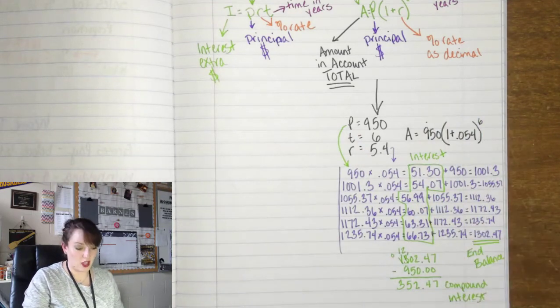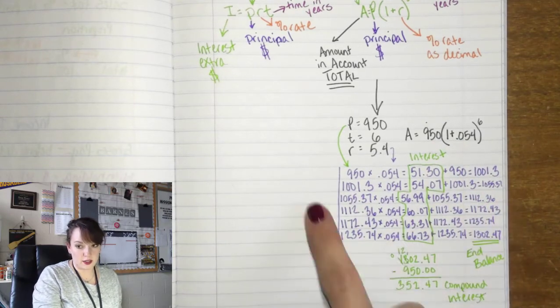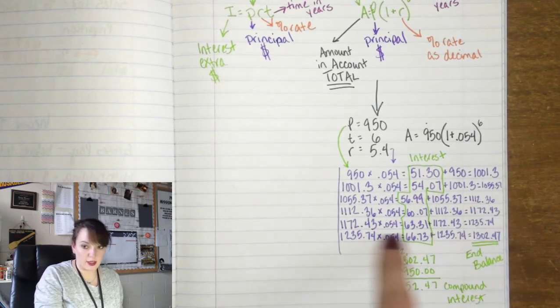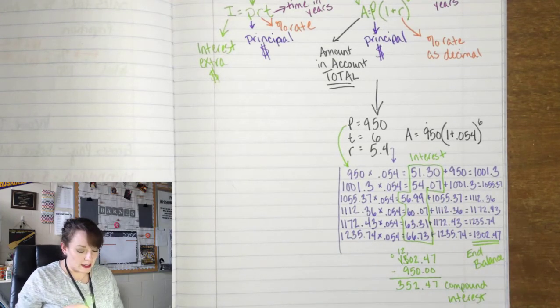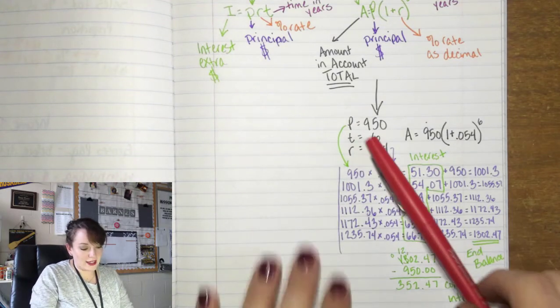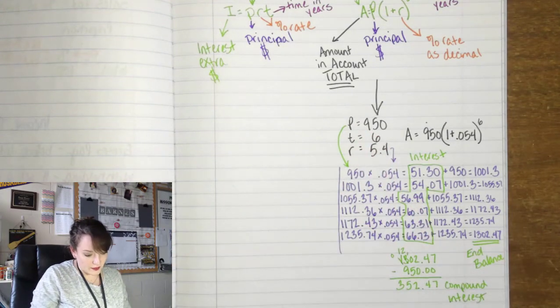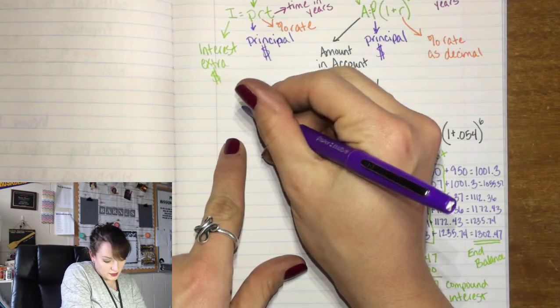Compound interest. It's complicated. You're compounding annually. So every year you earn money, it goes back in. You earn money, it goes back in. Simple interest. Let's take the same scenario. If I had $950, that's my principal.